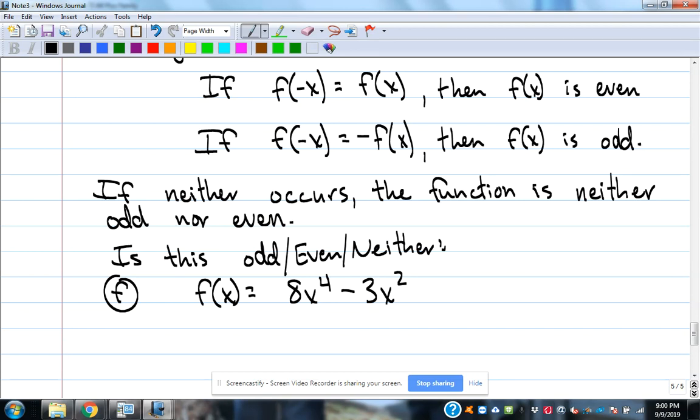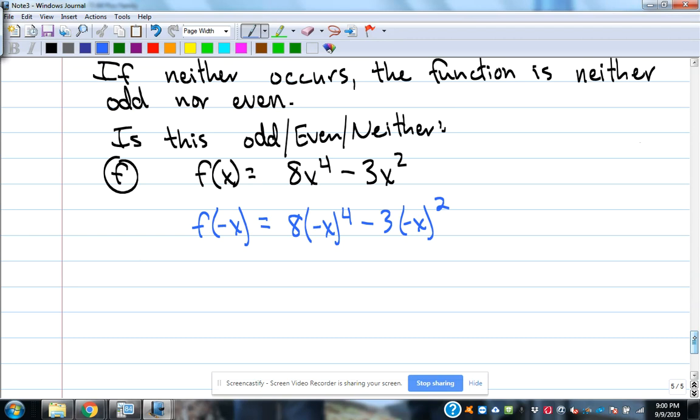All right. So what's the test for odd, even, or neither? What do we do? Plug in negative x into the problem. So we're taking negative x and putting it in there, and we're working that out. So when you take negative x to the fourth power, what does that even mean?